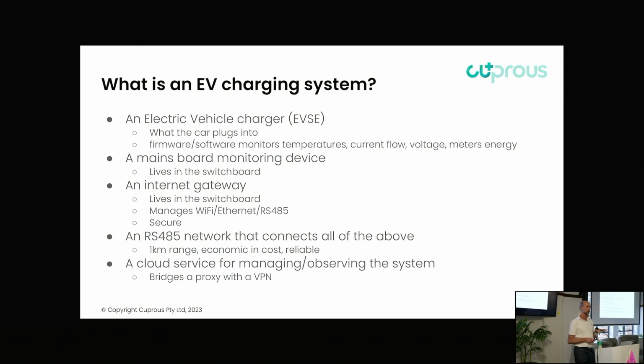People might not be familiar with RS485. It's been around for donkey's years. It's a two-wire network. They're very economic. They can run long distances. You can actually have several hundred meters between nodes, right? And so that means fundamentally that we can put the gateway in a place where there's good network connectivity to the outside world.